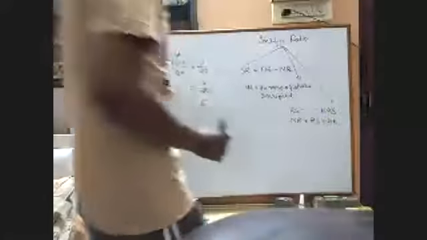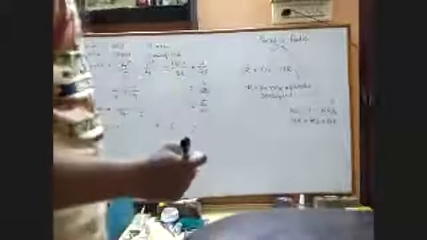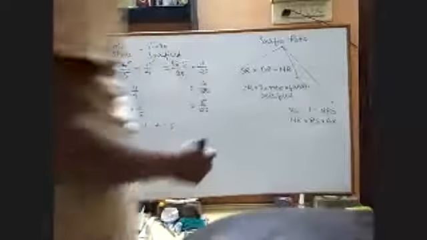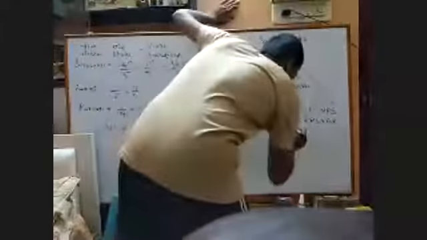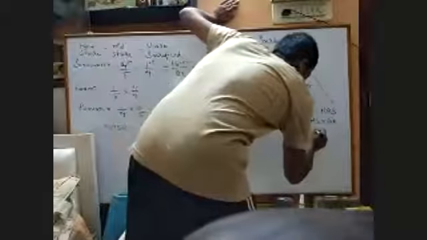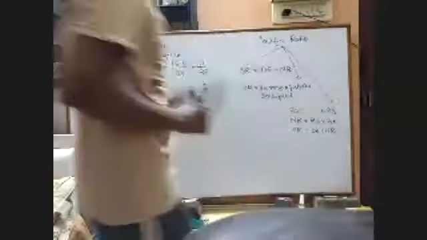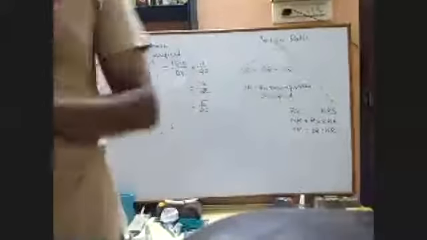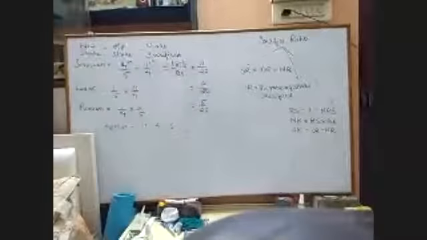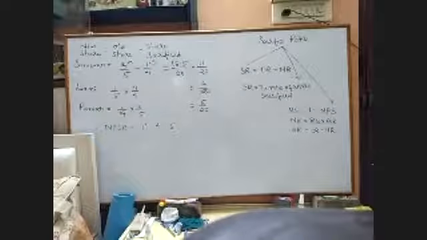Here they will be giving you the agreed ratio. AR is nothing but agreed ratio. And the last one is sacrifice ratio is equal to old ratio minus new ratio.